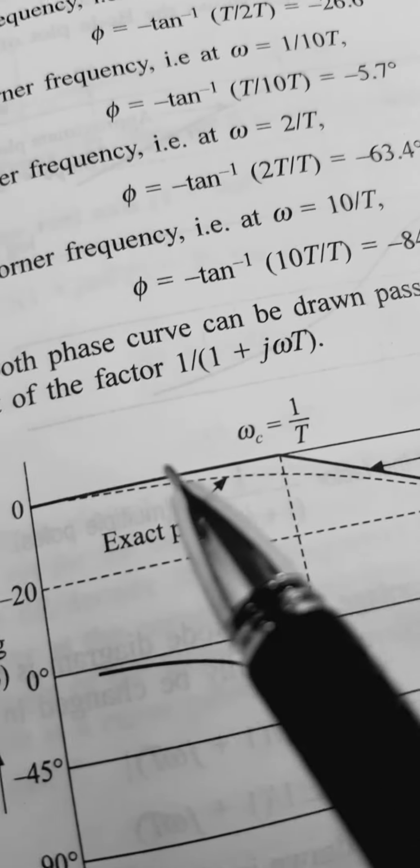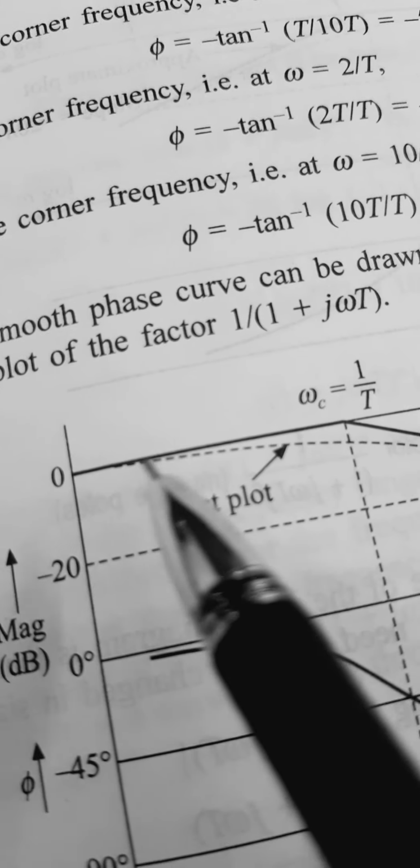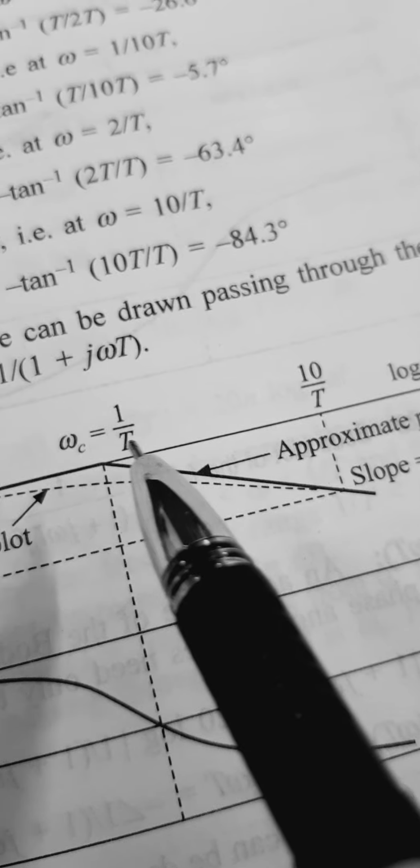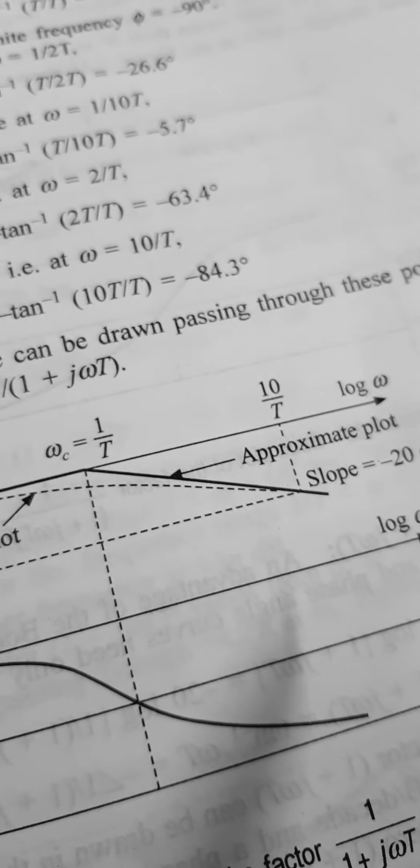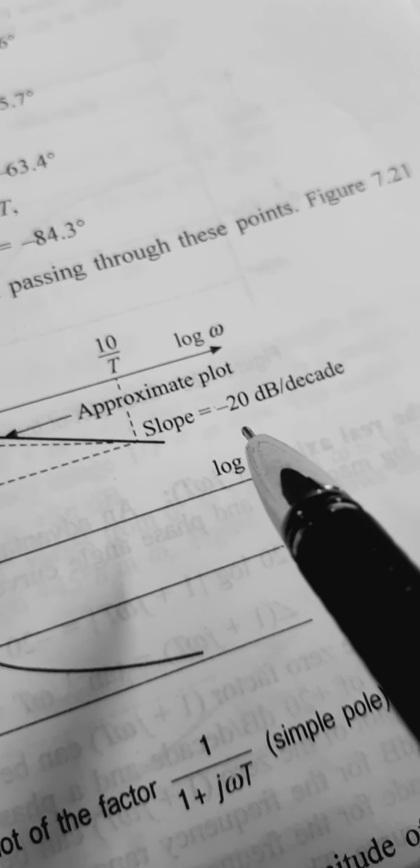So that is represented here. As you can see, till 1 by T it is 0. After that there is another asymptote that has a slope of minus 20 dB per decade.